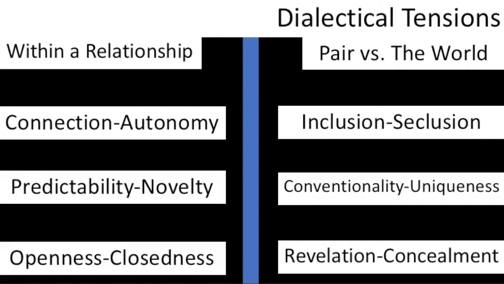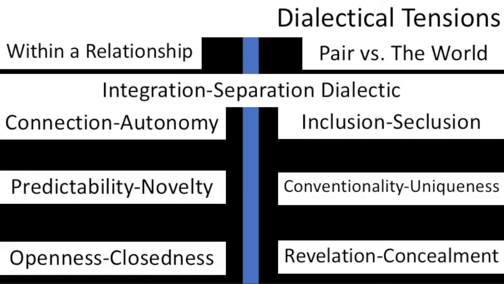There are similarities between each pair of dialectics, and each pair can be further classified as follows. Connection-autonomy and inclusion-seclusion are both manifestations of an integration-separation dialectic. Again, this idea of wanting to be with others while also being separate from others.